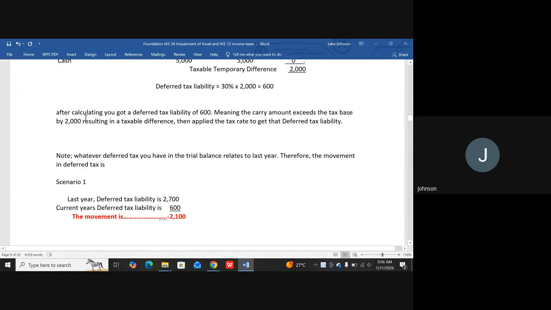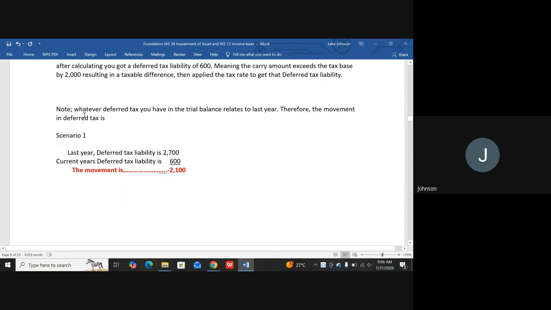So they say that after calculating, you got a deferred tax liability of 600, meaning the carrying amount exceeds the tax base by 2,000, resulting in a temporary difference. Then apply the tax rate to get the deferred tax liability of 600.